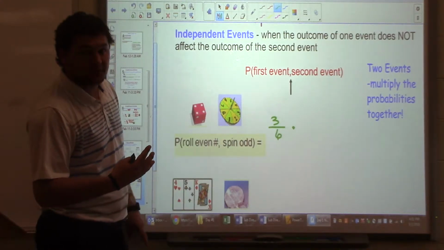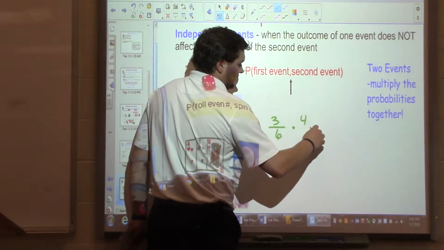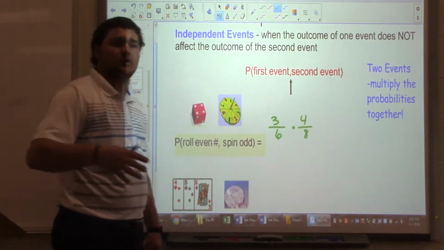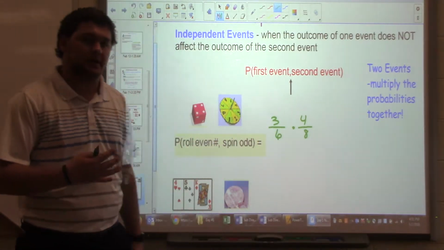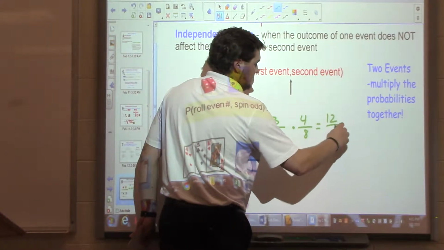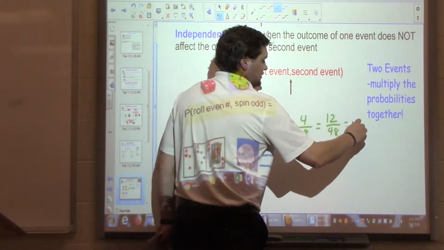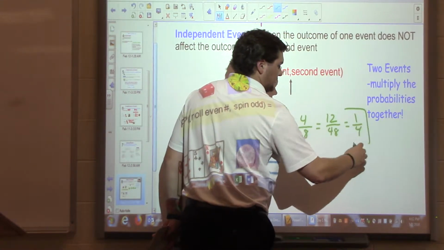So, 1 through 8, 4 out of the 8 are going to be odd, so it's going to be 4 out of 8. Now, if you want to reduce them before you multiply, you can, or you can reduce them after, it doesn't matter. We get 12 out of 48, which reduces down to 1/4.